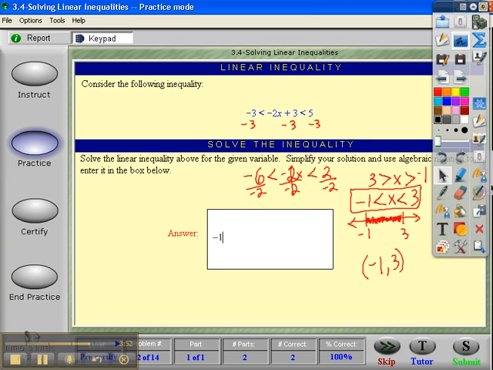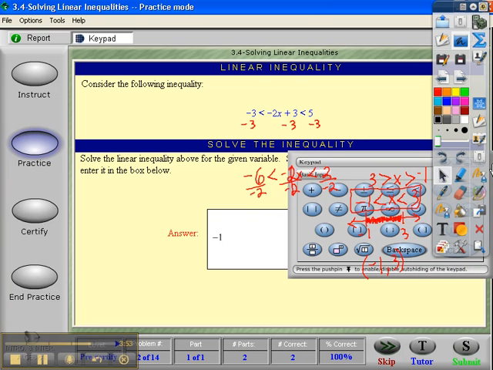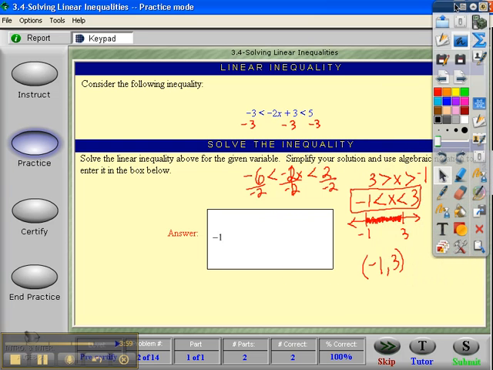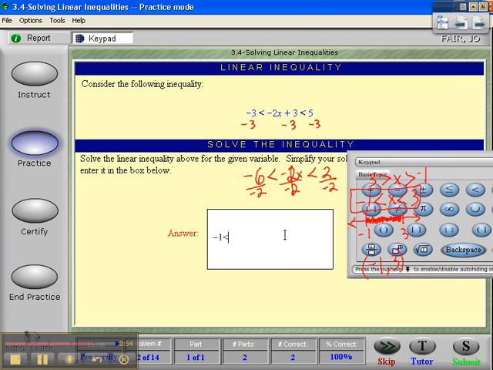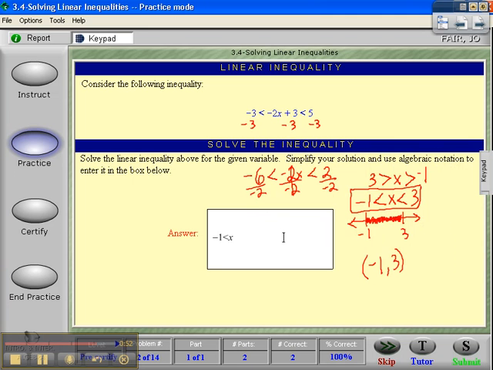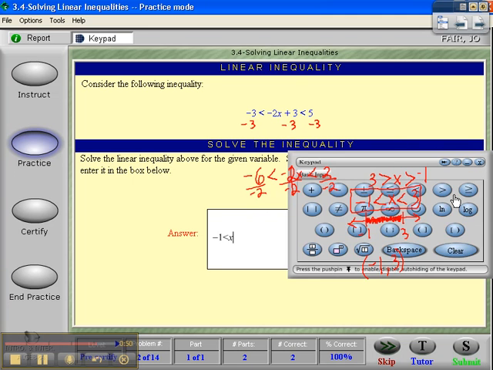Oh, it wants to hide from me. Okay, there it is. There. Less than. And then I put in my x, and then I need less than 3. And then you can submit your answer.